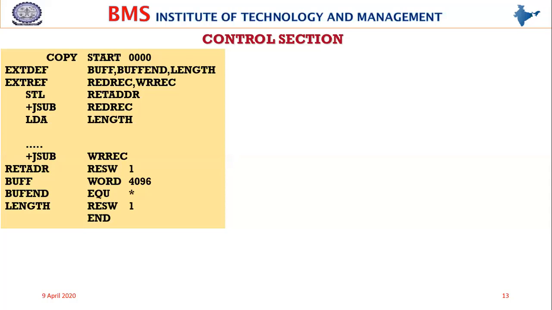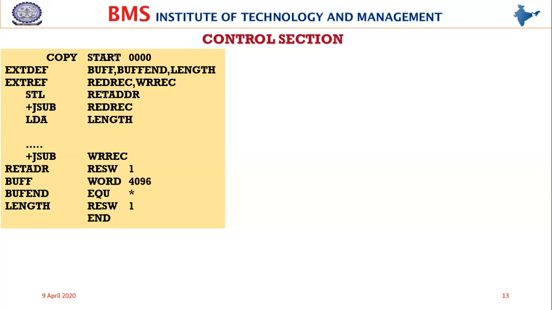You can see that in EXTREF we have these two references, RDREC and WRREC. And we have declarations of return address, BUFFER, BUFEND, and LENGTH. These are all defined in this section. This is my first control section.